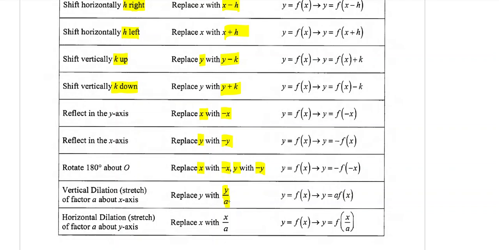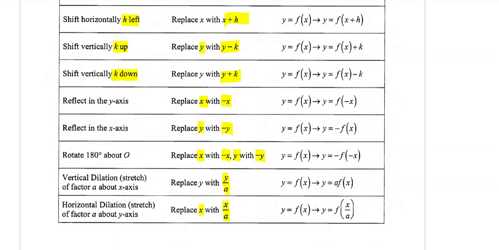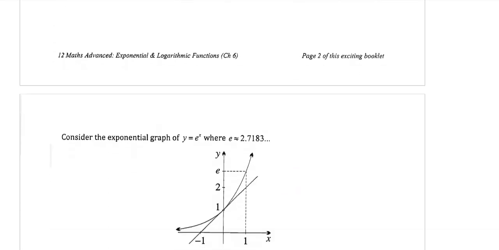Which means if I'm trying to stretch it by a half, I would be putting in y over a half, or in other words, 2y. So putting the 2 in front of the y actually means it's a factor of a half. You're actually compressing it. Horizontal dilation just means we're going to the x-axis and doing the same things. We've seen all of that before.